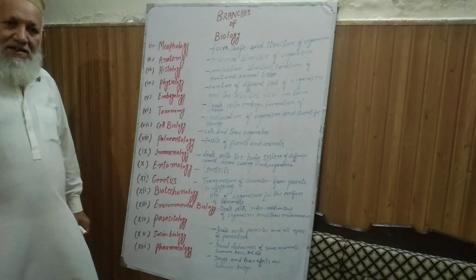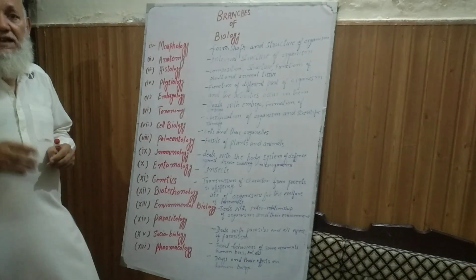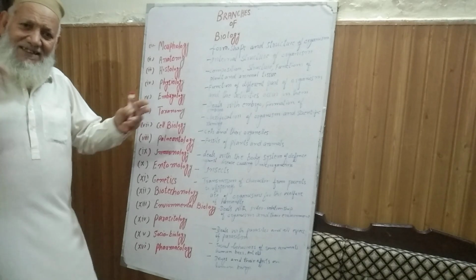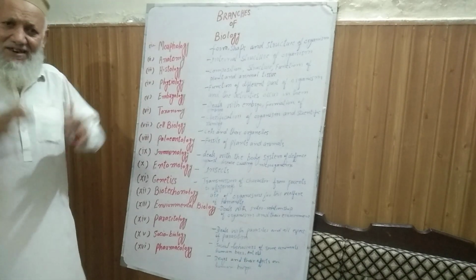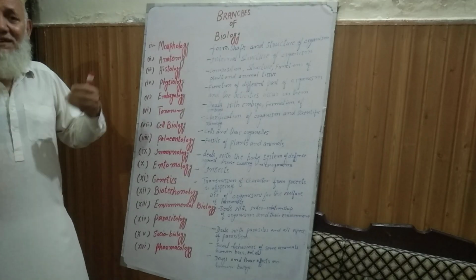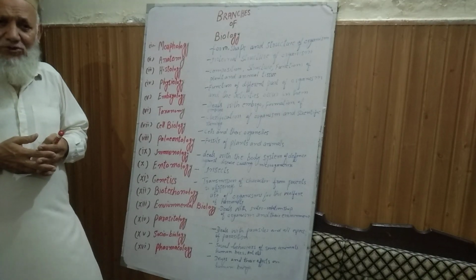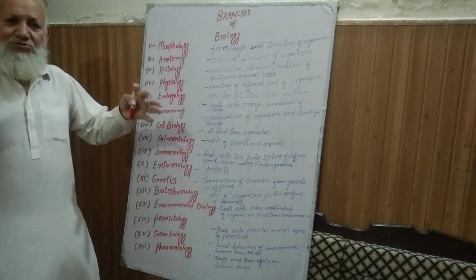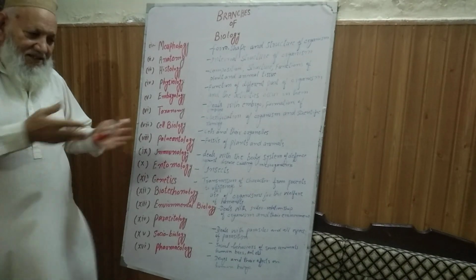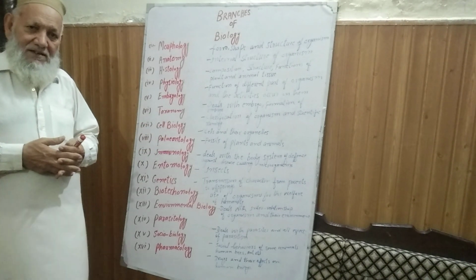Immunology. In immunology we study the immune system, which attacks the germs that create problems for living organisms. There are so many germs present in this world. For example, plasmodium creates the problem of malaria.